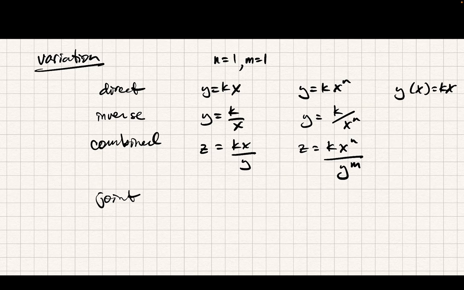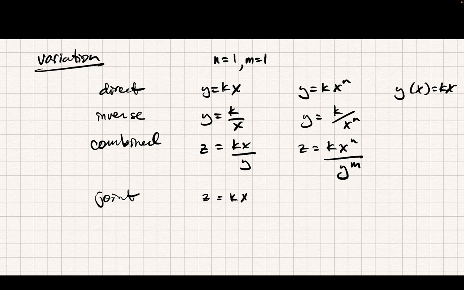So what's joint? Z equals kxy, so k always comes first. I'm going to use powers over here.